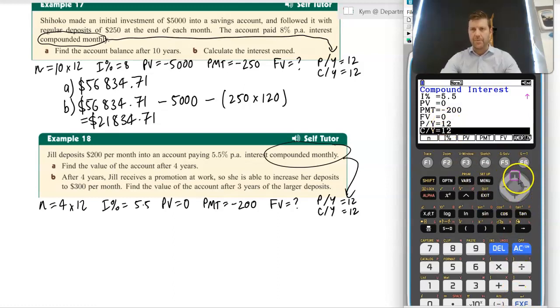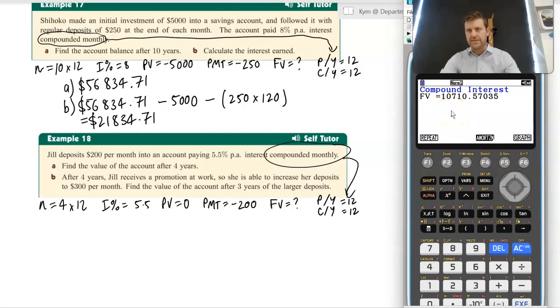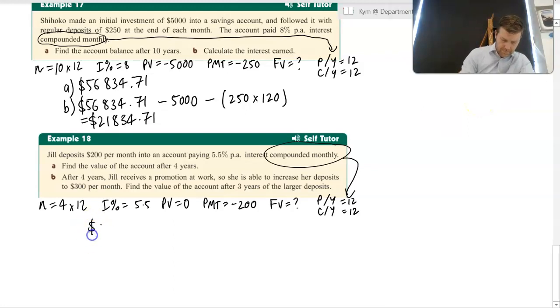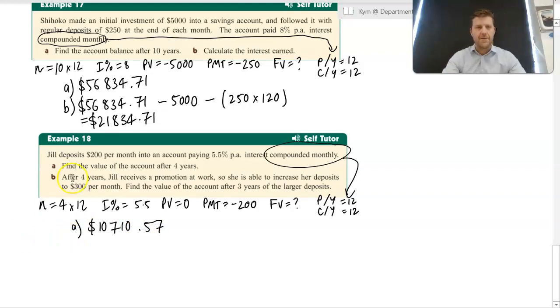PY and CY are both remaining as 12. So to solve for the future value, press F5, which gives us $10,710.57. So that's how much money is there after 4 years.